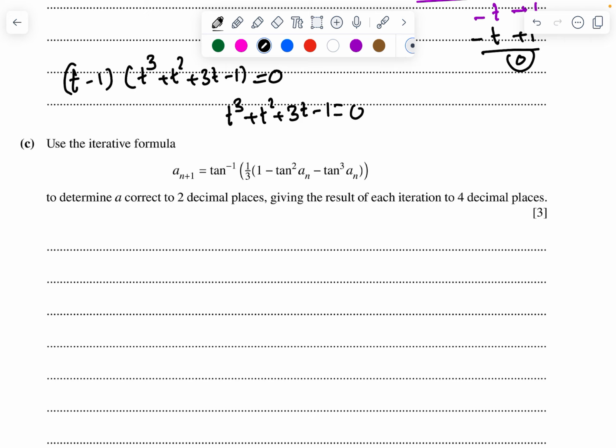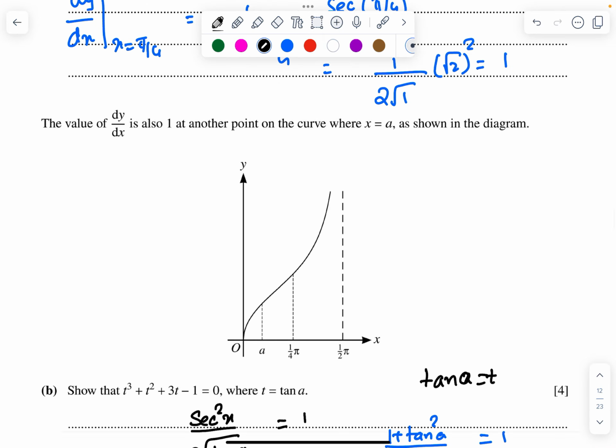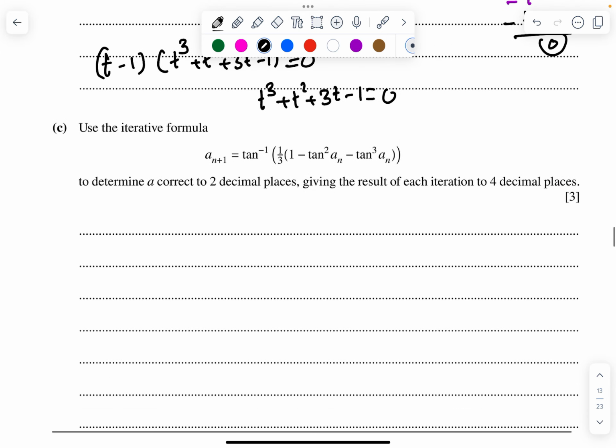Use the iterative formula. So we know from the graph that the a value is lying between 0 and pi by 4. So I can take any value as the initial value. I am going to take initial value as 0, 0.0000.